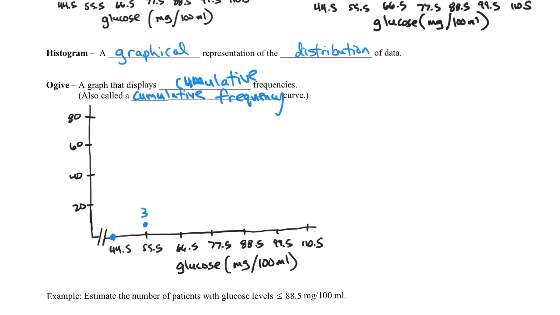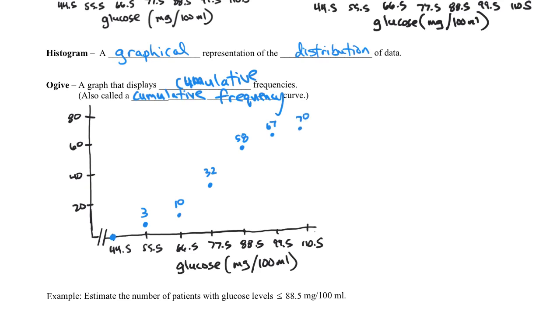By the time we get to 66.5, we've got 10. At 77.5, we've got 32. At 88.5, we've got 58. At 99.5, we've got 67. Again, we're just getting these from the cumulative frequency column. By the time we get to 110.5, we've got all of them, all 70 of them.